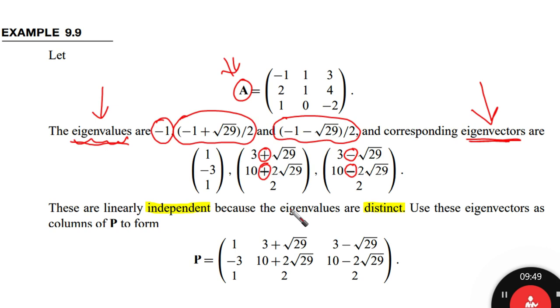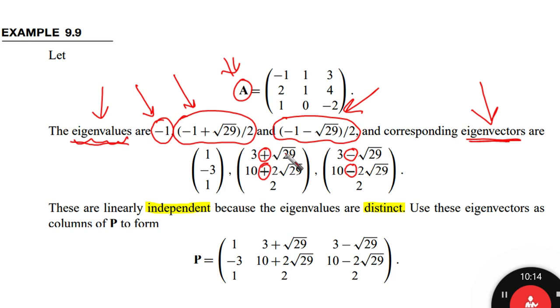So if I ask you, are these eigenvectors linearly independent or not? The answer is yes, they are linearly independent. Why? Because, as you can see here, these are the eigenvalues. They are distinct, they are different, right?